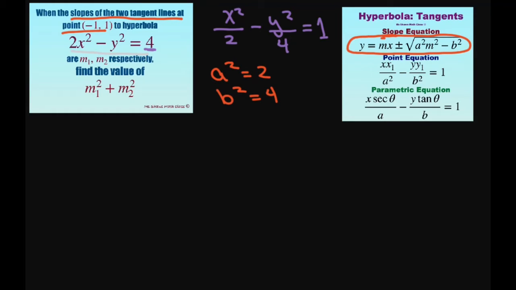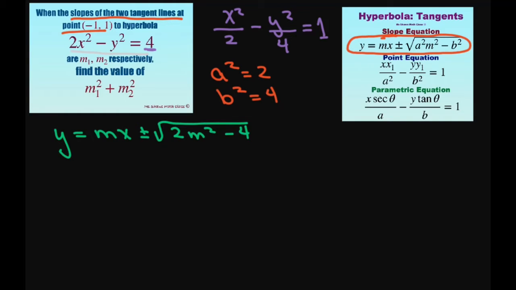So writing out our equation, we get the equation of the tangent line with slope m, which is y = mx ± √(2m² - 4), since a² is 2 and b² is 4.